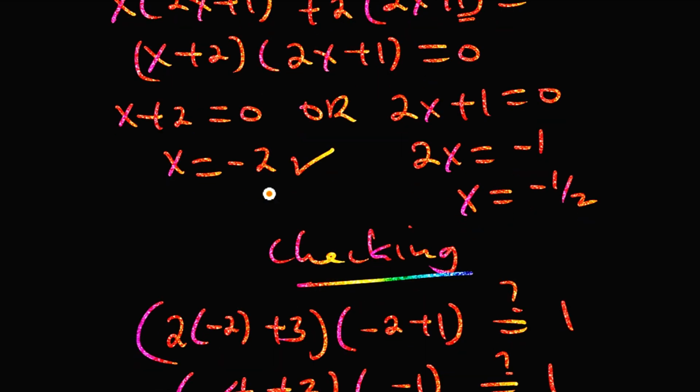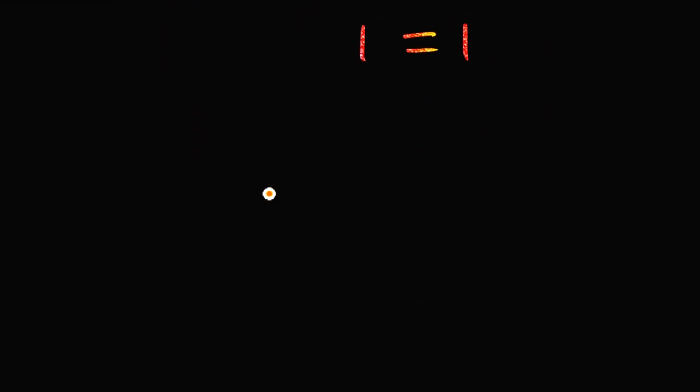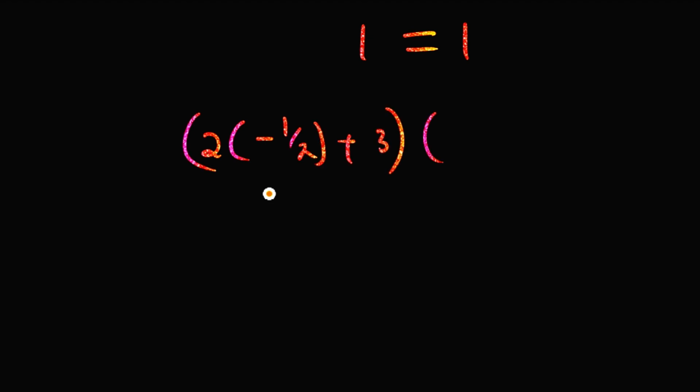Let us also check if negative half is a solution. We'll have 2x + 3, so that will be 2 into x, where x is negative half this time, plus 3. And then we have x + 1, that will be minus half plus 1. And we check if that will give us 1. 2 times negative half is negative 1, now plus 3.